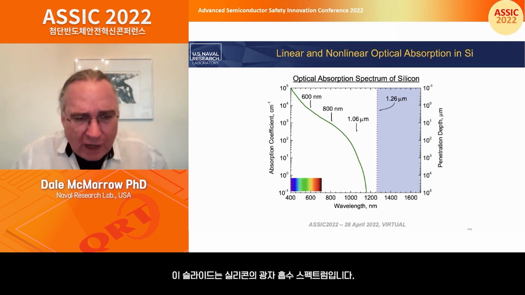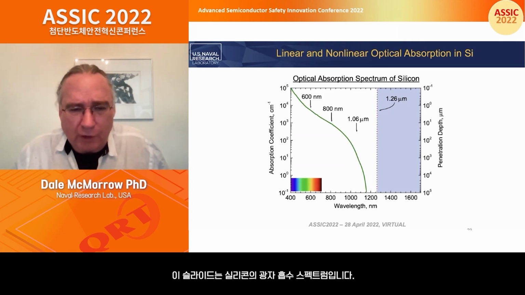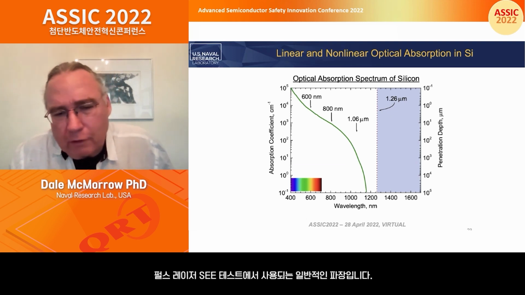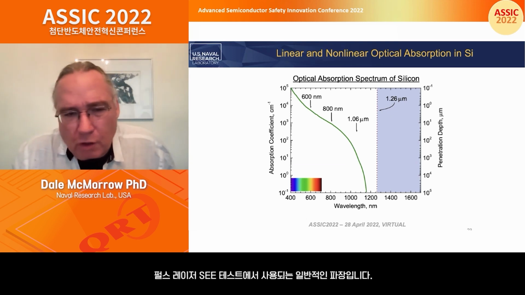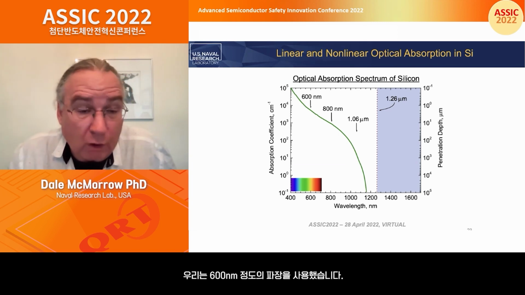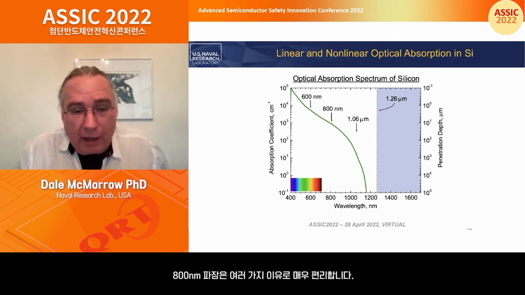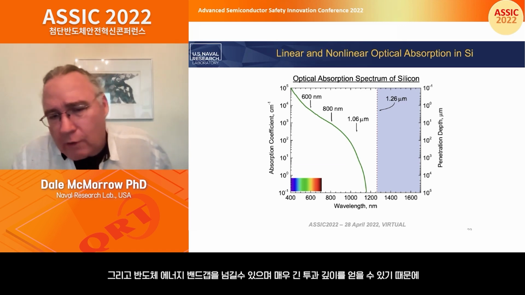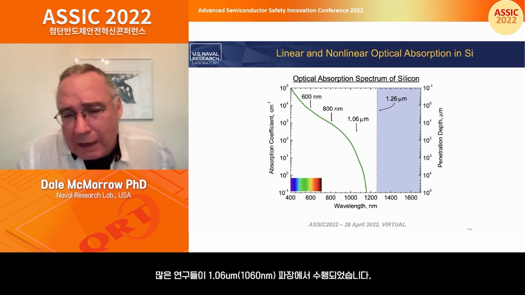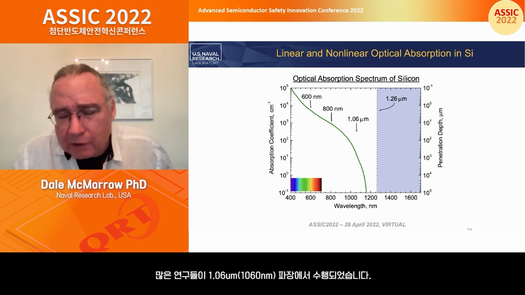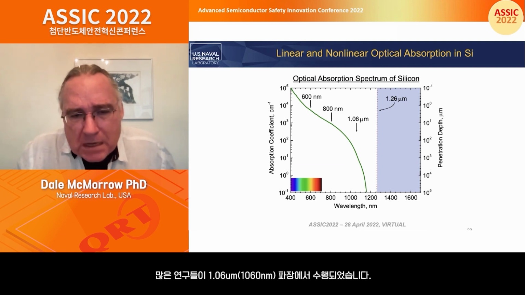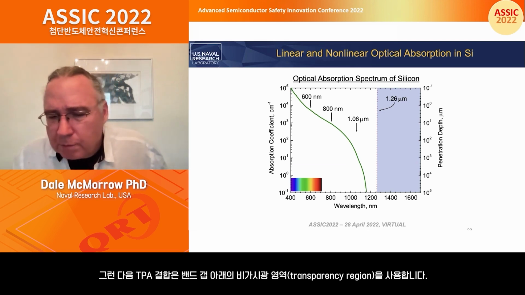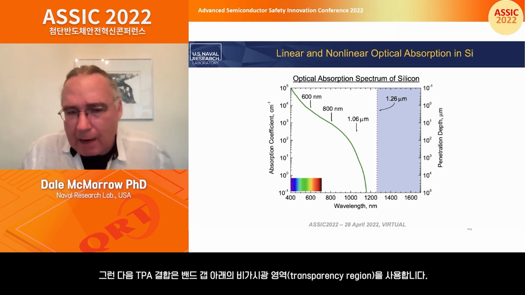And this slide shows the optical absorption spectrum of silicon. Typical wavelengths for pulse laser SEE testing are shown. 600 nanometers is more or less where we started. 800 nanometers is very convenient for various reasons. A lot of work has been done at 1.06 micron because you're way out on the band edge and you get a very long penetration depth. And then for the 2-photon work, you work in the transparency region, which is below the band gap.